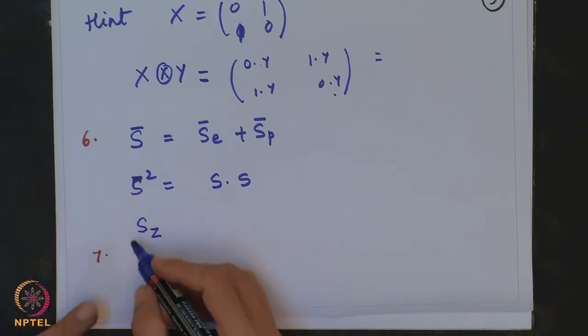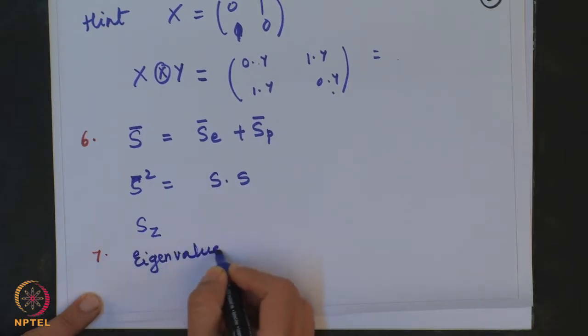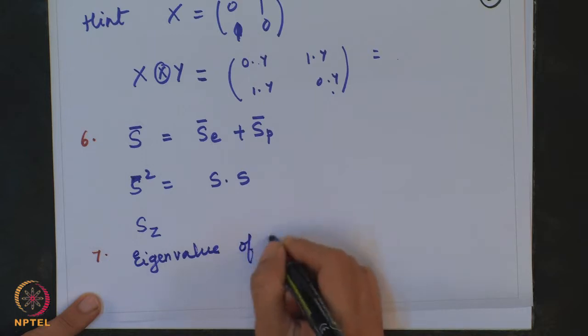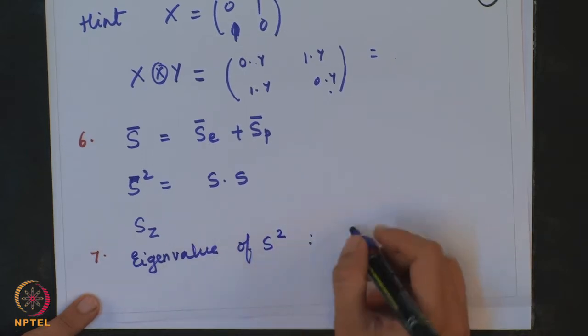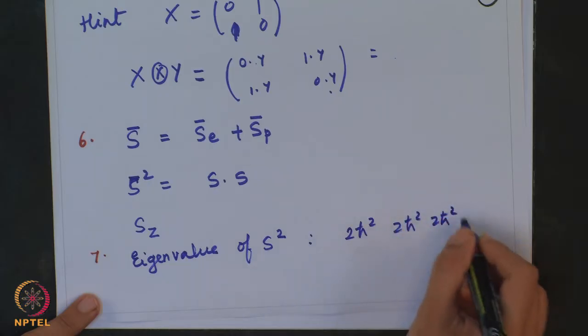So, I will give you here the eigen value of S square: 2h cross square, 2h cross square, 2h cross square and 0.